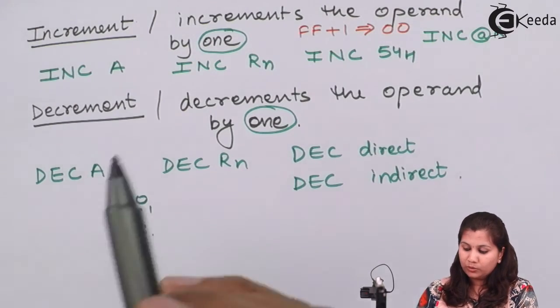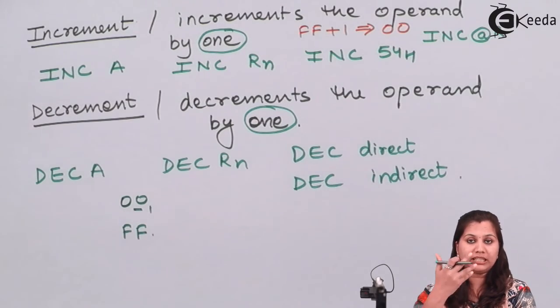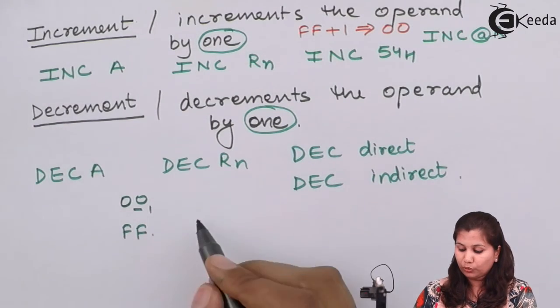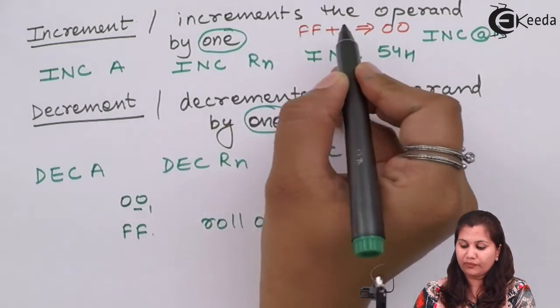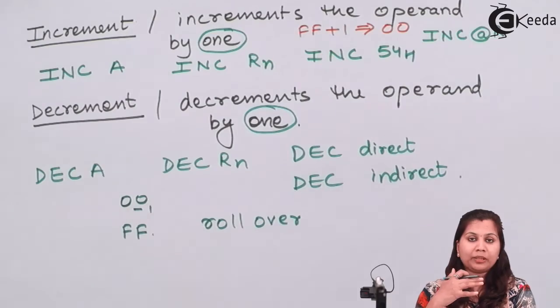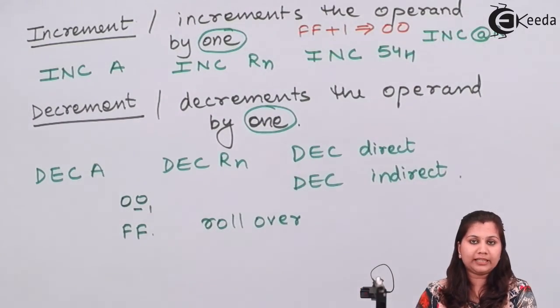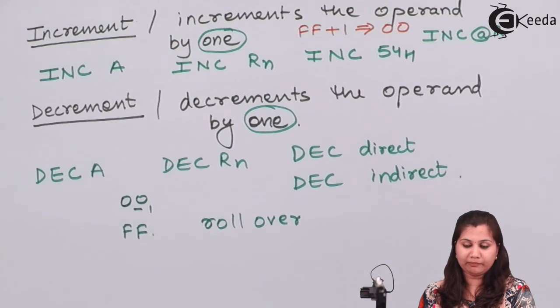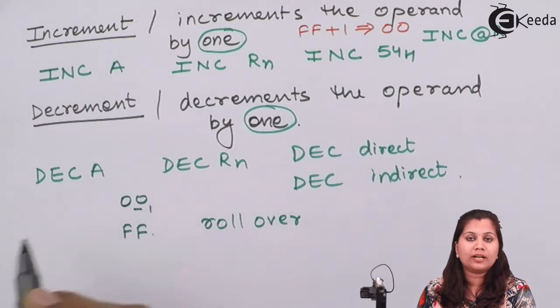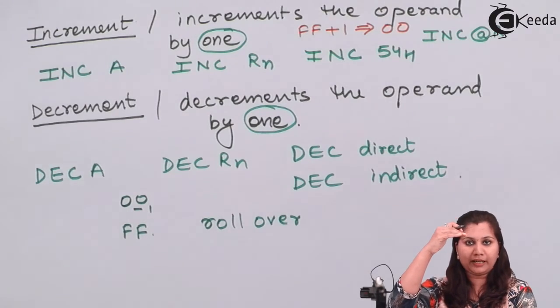Now this condition, when we start again from the initial value, is called rollover. When we increment from the maximum value, we get the minimum value again. If we decrement below the minimum value 00, we start again from the final value.